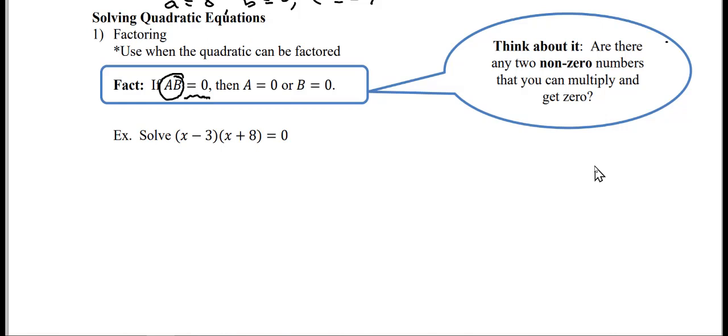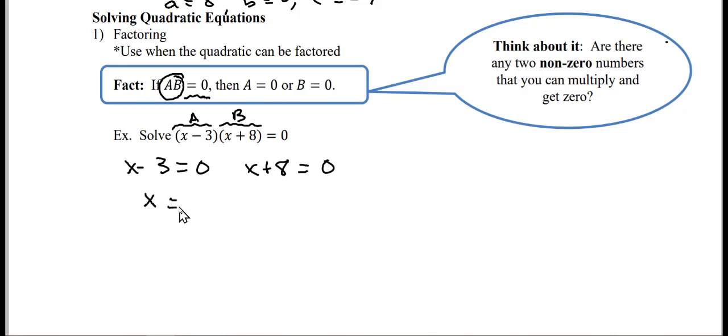The example here is that we have (x minus 3) times (x plus 8). So this is kind of like our a above, and this here is kind of like our b above. We have a product of two things equal to 0. We're going to set each of those things, those factors, equal to 0.